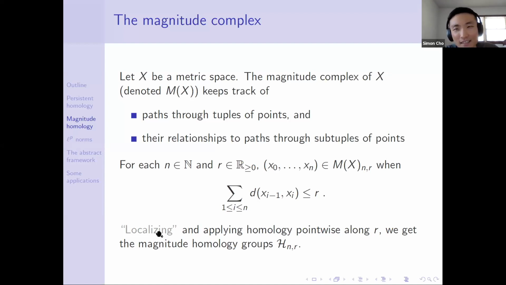It's an etymological sin on my part, but it's the only appropriate name I could come up with, because it does not coincide with the homotopy theoretic usage of the word localization, but it is appropriate in this sense. I'll explain what that means a bit later. But you localize this, and then you apply homology pointwise along R, and then you get the magnitude homology groups.